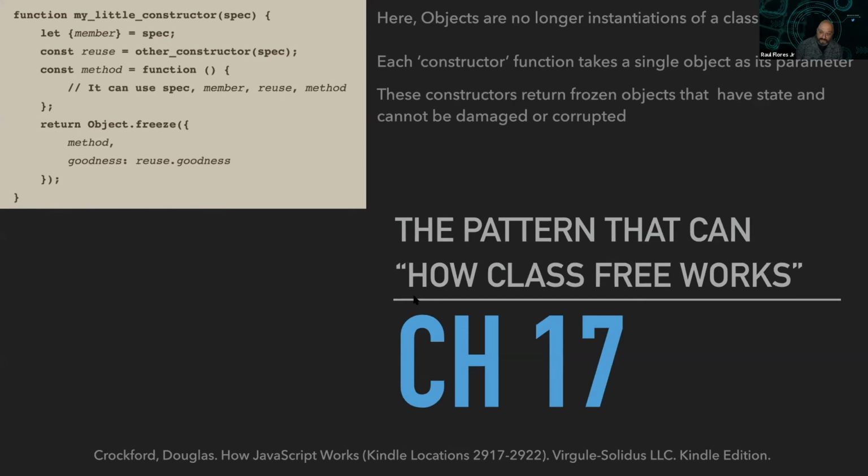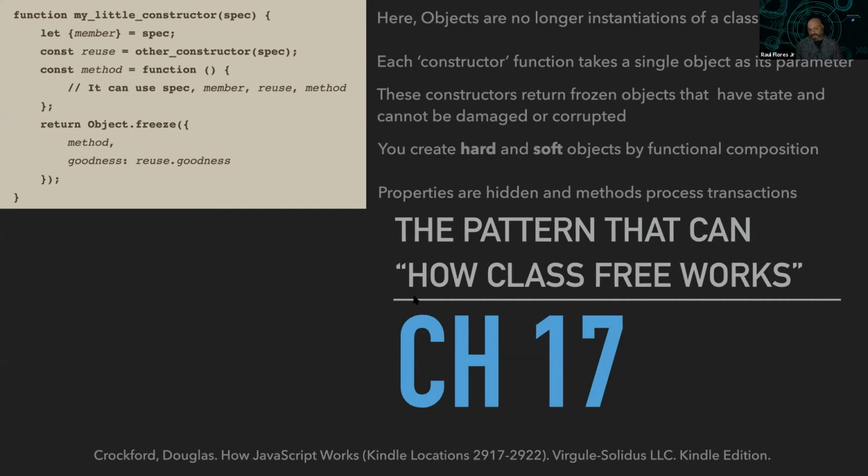These frozen objects, right, they have state that can't be damaged or corrupted. So you go about making hard and soft objects by functional composition. And as you will see, properties are hidden and the methods are meant to process transactions.